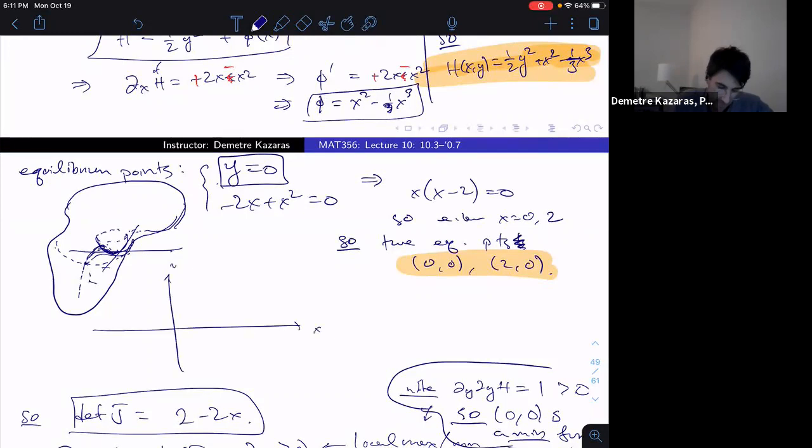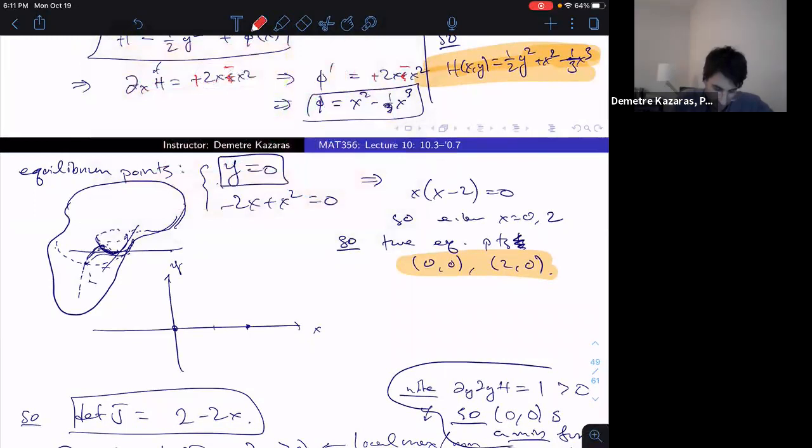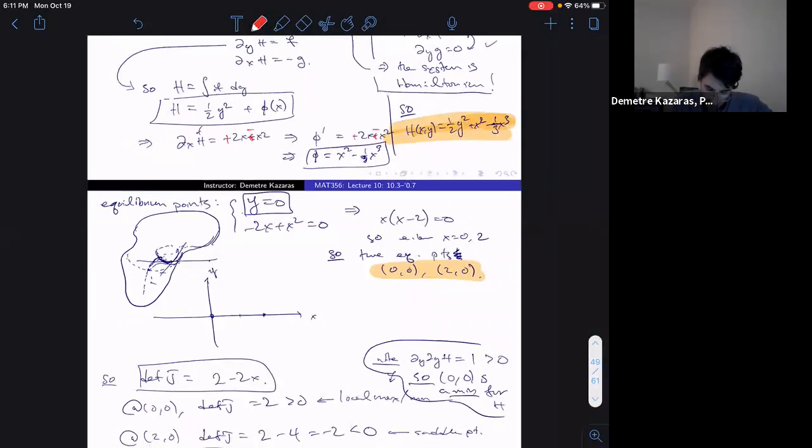So here's x, here's y, and what did we find? We got 1, 2. There's a special thing going on there. Just to be clear, we found that the determinant of J is positive at the origin, so we have a local max or min.